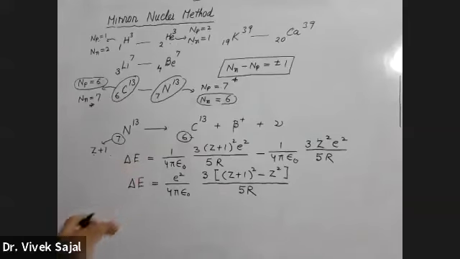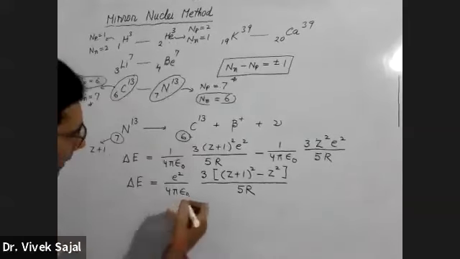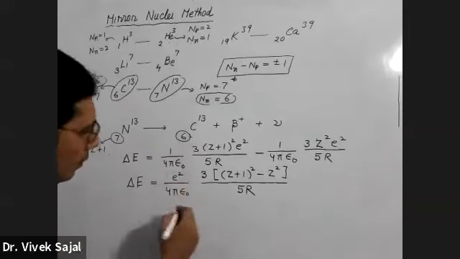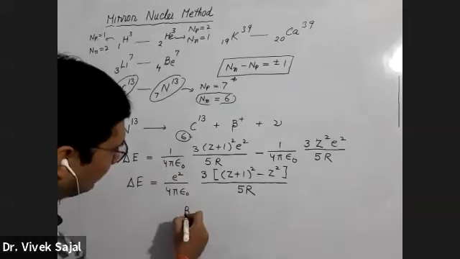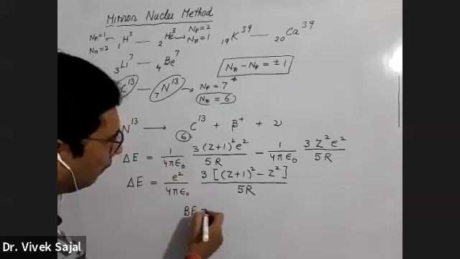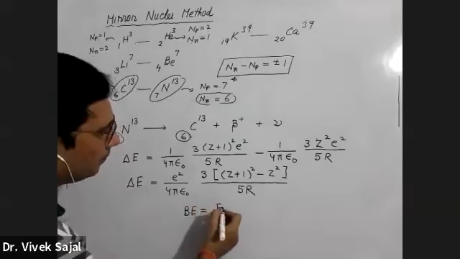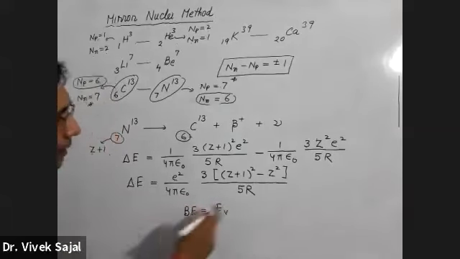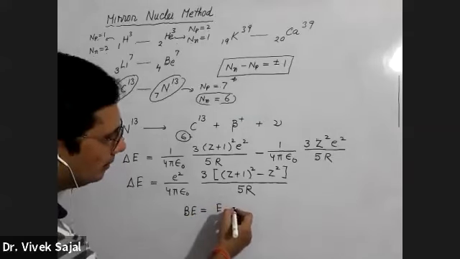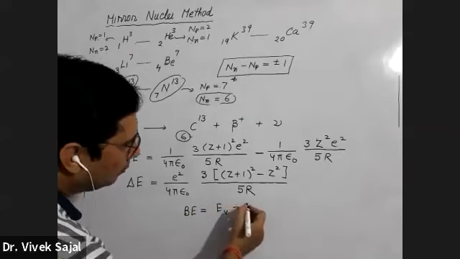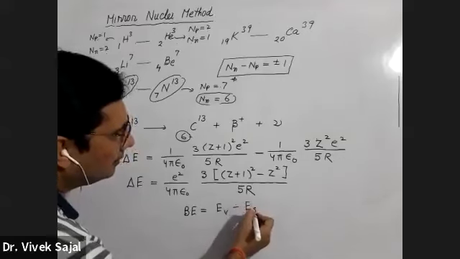Actually, what is the expression of binding energy? Binding energy is made up of 5 components. First is EV, volume energy. Second is ES, surface energy.